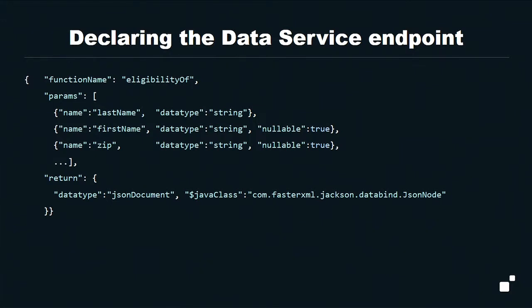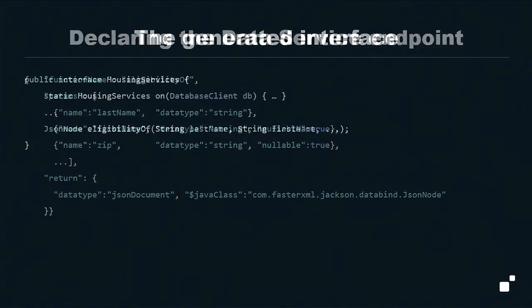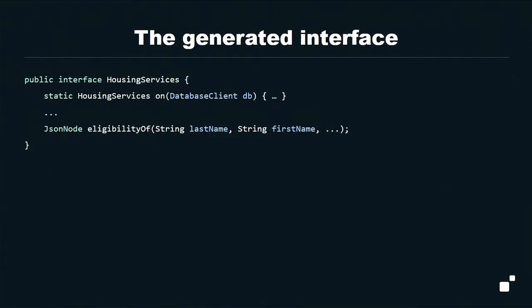So using MarkLogic tooling, the Java generalist generates an interface that looks like this. And you'll see that our JSON declaration has translated directly into a method signature. We have an eligibilityOf method. It takes those parameters. It returns that JSON node value.